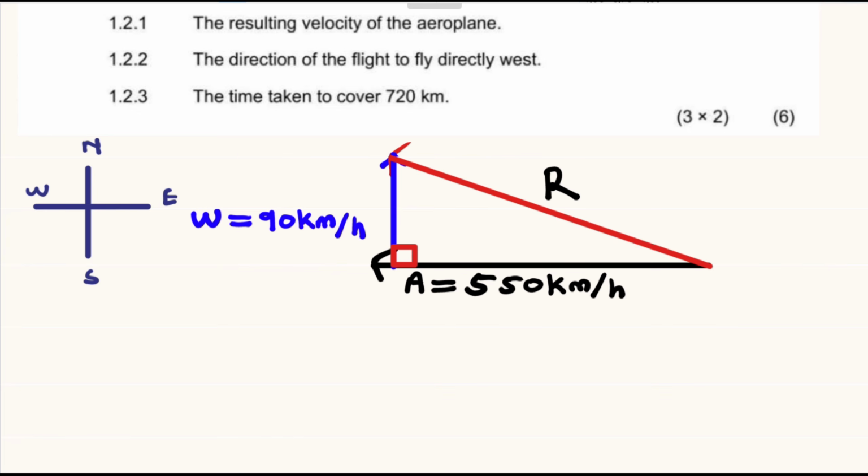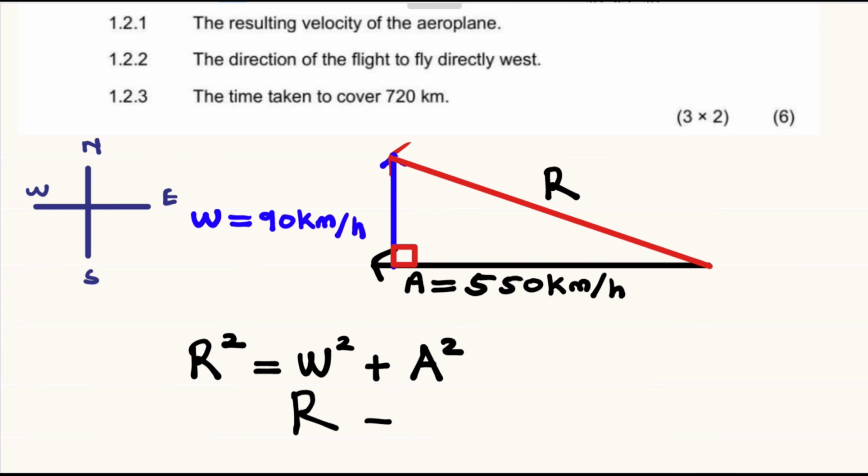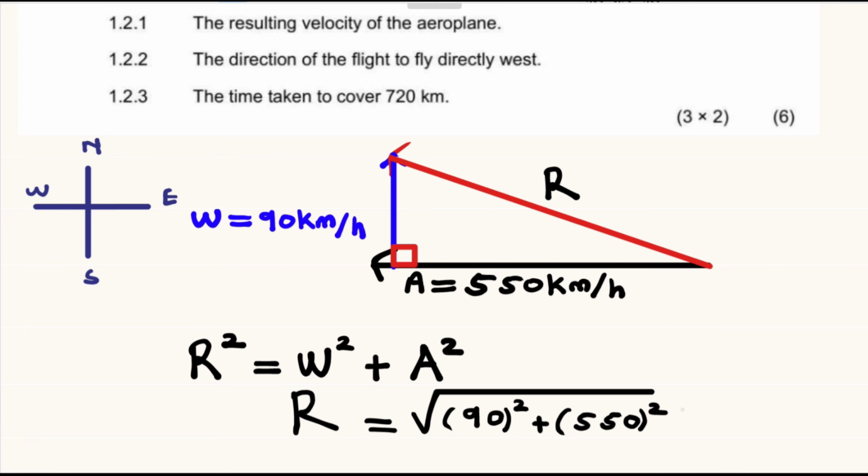R. So to determine the R, we use the theorem of Pythagoras. So we have R squared is equal to W for the wind squared plus A for the aeroplane squared. And making R the subject, our R will be equal to the square root of the velocity of the wind, which is 90 kilometers per hour, squared plus the velocity of the aeroplane, which is 550 kilometers per hour, squared.